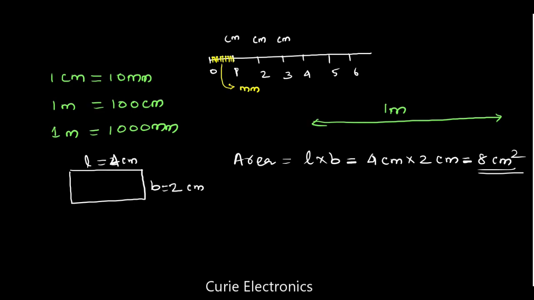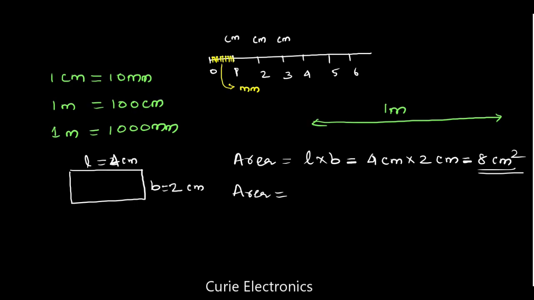Now what if you want to convert this to meters? What you do? 100 centimeters make 1 meter. This thing is required when you want to find the area of a capacitor. Some questions may come there, and inductance calculation also, these concepts come.